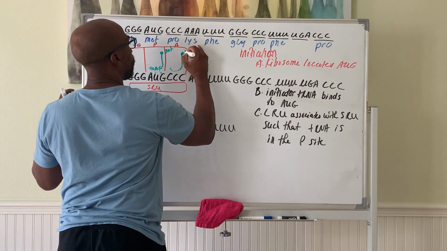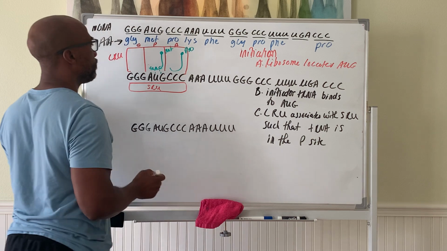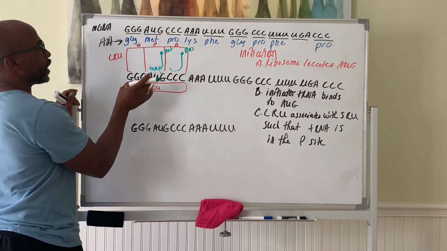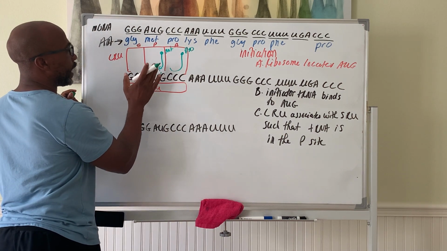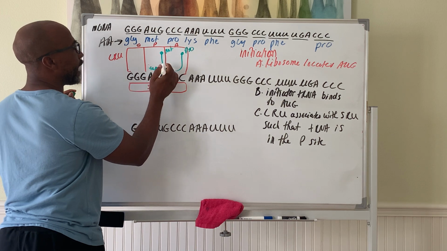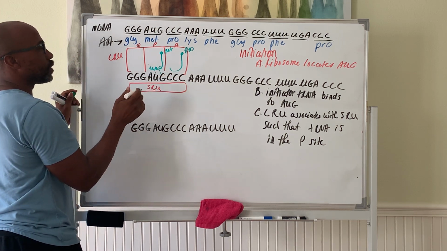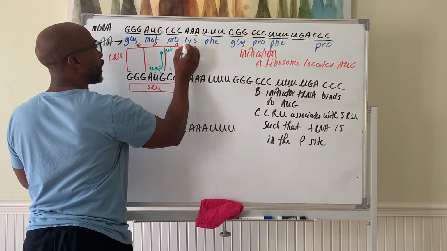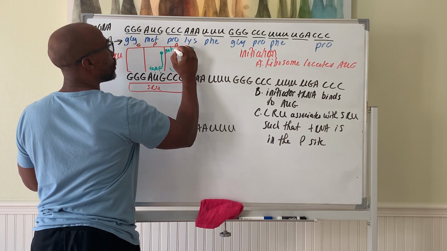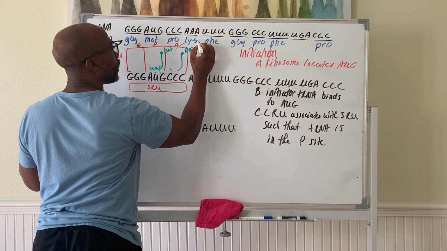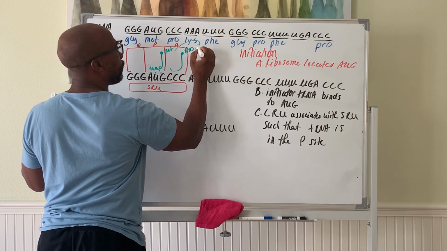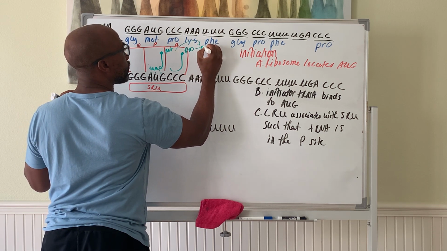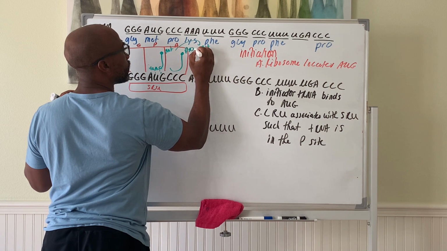Once there is a tRNA in the P and the A site, then an enzyme will transfer the amino acid from the P site over to the A site to form a peptide bond.